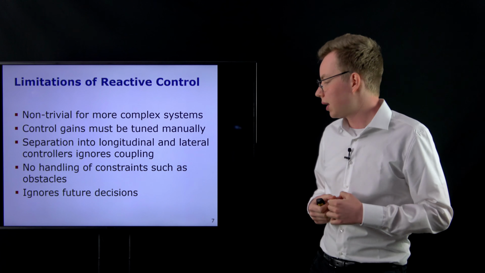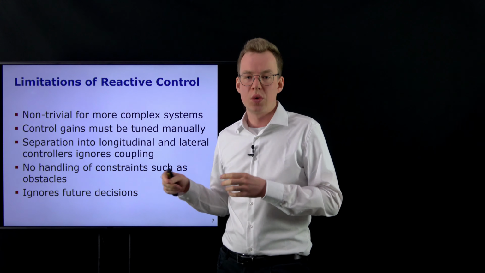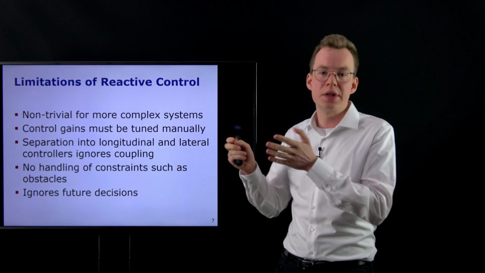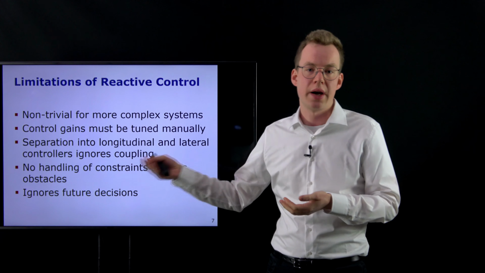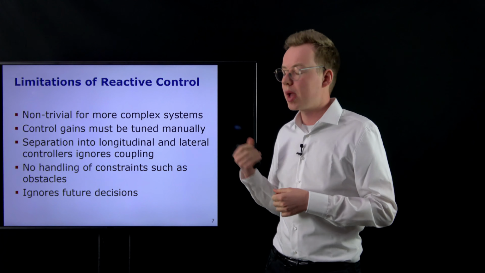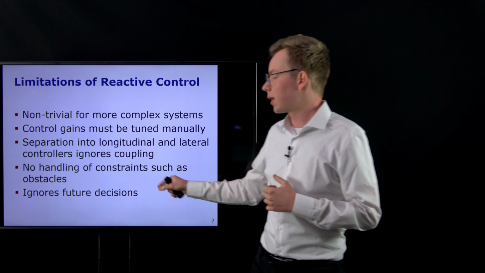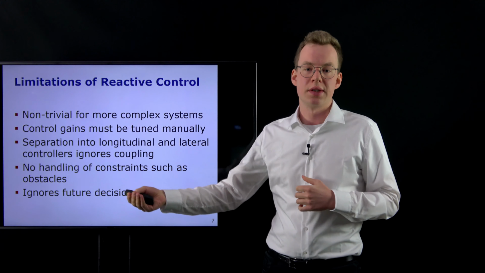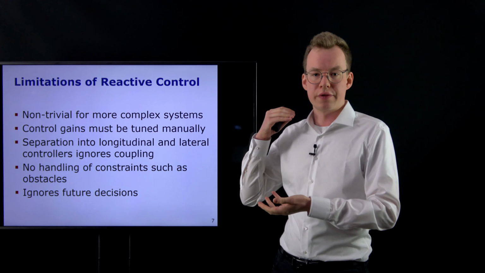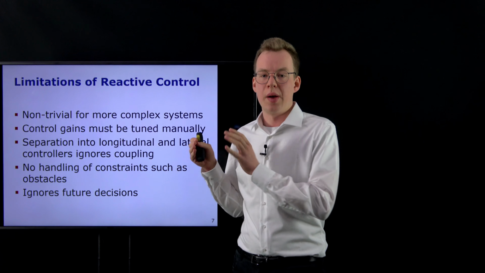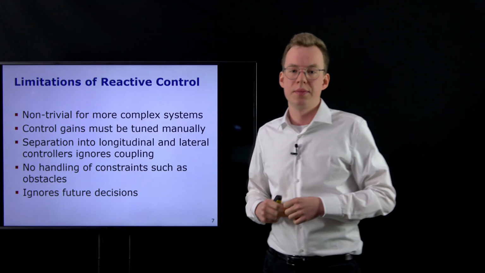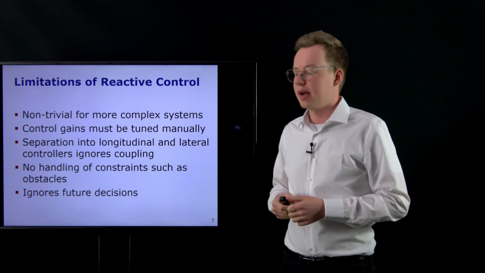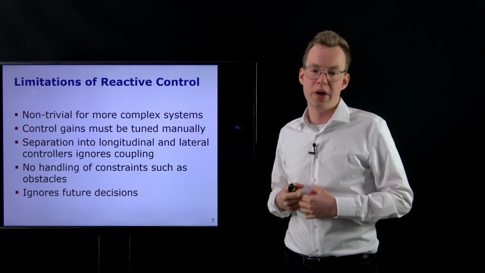And finally, these controllers always only take in a snapshot of the current time, so they evaluate the current cross-track error, or maybe a filtered version of that, but they don't look at how their decisions affect future decisions. And so they always reactively map the current state or the current setting to a control command.